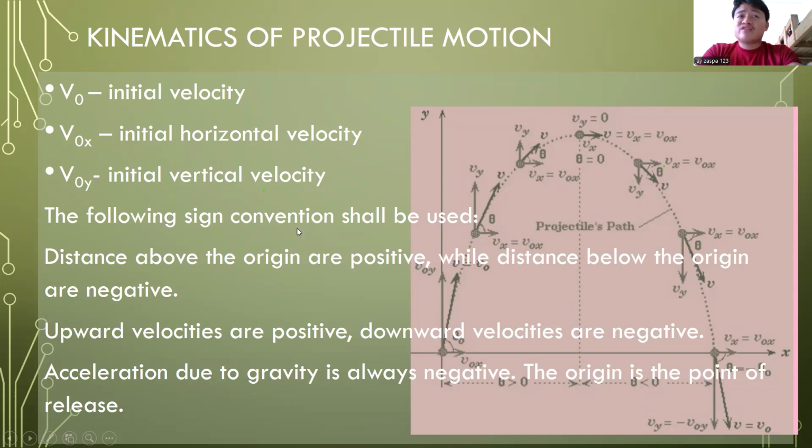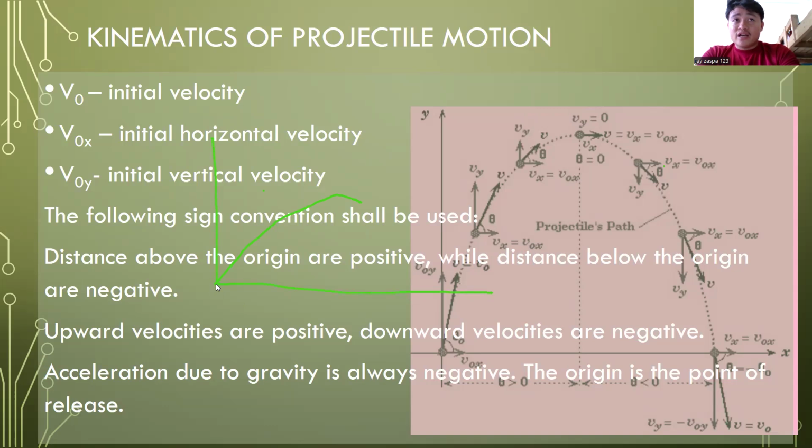Okay, the following sign convention shall be used. Distances above the origin are positive, while distances below the origin are negative. For example, this is your path of projectile, and this is your origin.